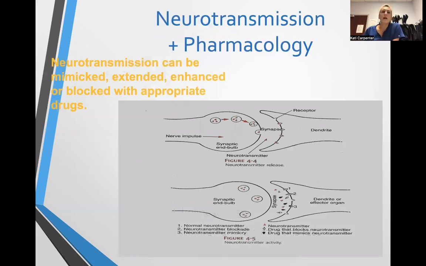So why is it important to understand this? It's because of how we do pharmacology, the therapeutics of it. We are going to essentially mimic something that's happening with the neurotransmitter. So do that action synthetically, extend, make what's naturally happening in the body stay longer, enhance, make more of it, or even block with appropriate drugs.